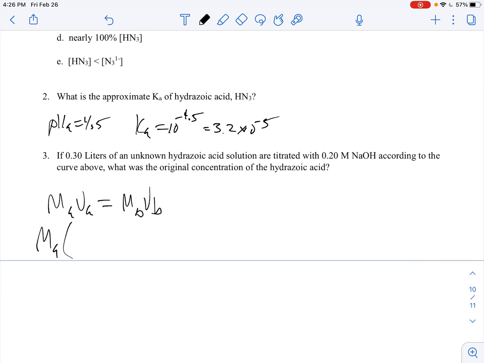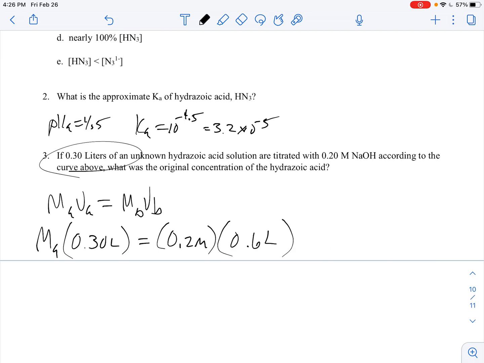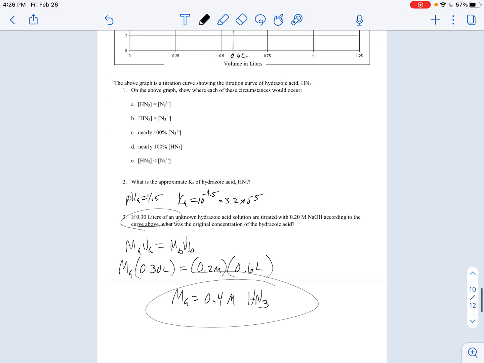So the molarity of the acid is what I want. It took 0.30 liters according to this problem, and I titrated it with 0.2 molar strong base. And the equivalence point was at 0.6 liters. And so, consequently, this is 0.2 times 0.6 divided by 0.3, which gets me 0.4. So the molarity of my acid is about a 0.4 molar solution of hydrazoic acid.